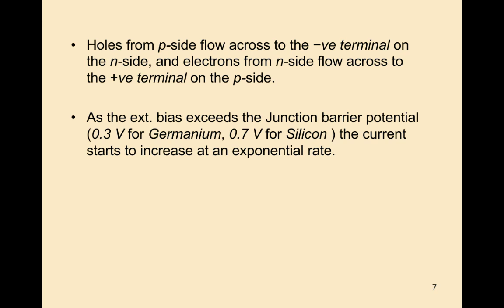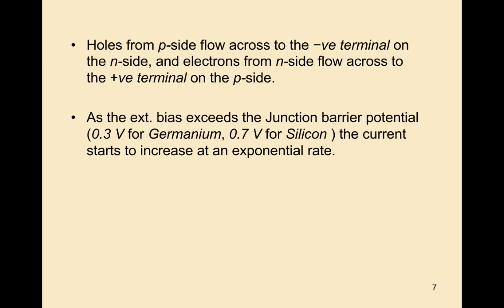So as the external bias exceeds the junction barrier potential, that is 0.3 volts for germanium and 0.7 volts for silicon, the current starts to increase at an exponential rate. So after this particular barrier voltage value, the current starts to increase at an exponential rate.